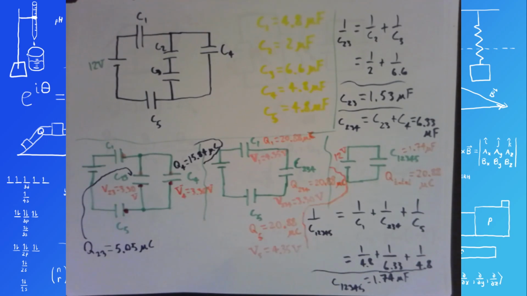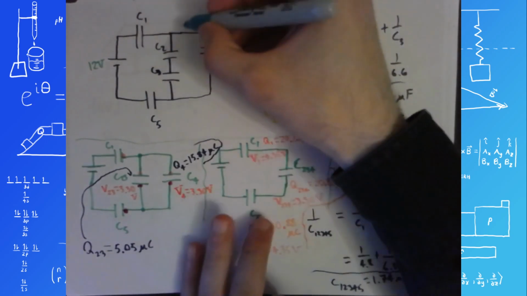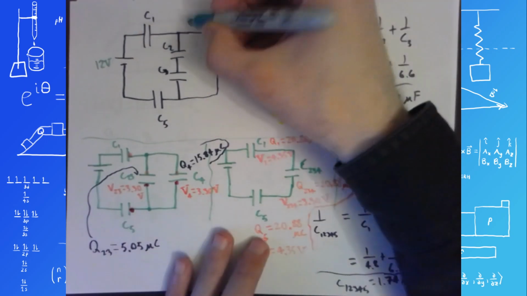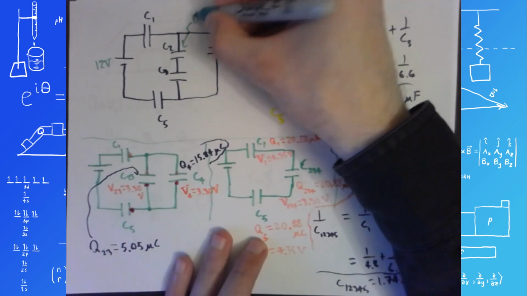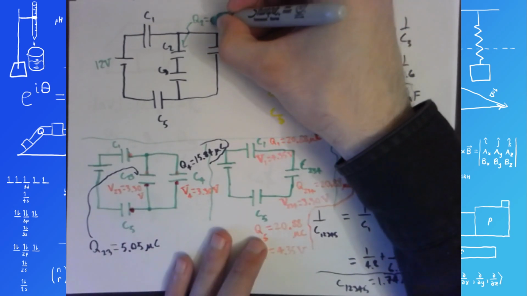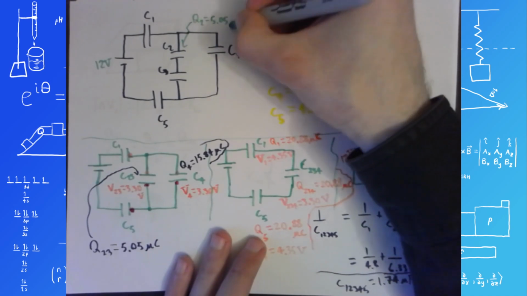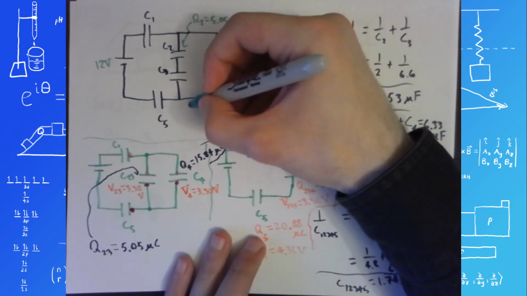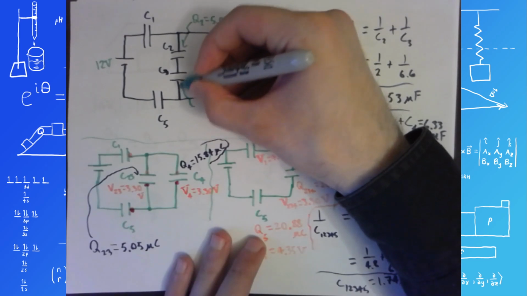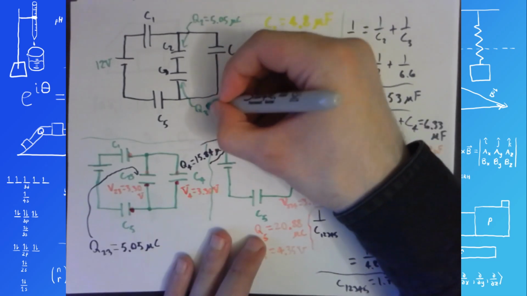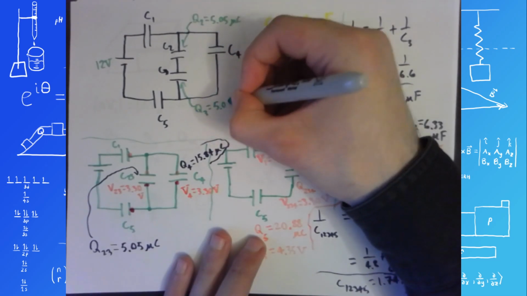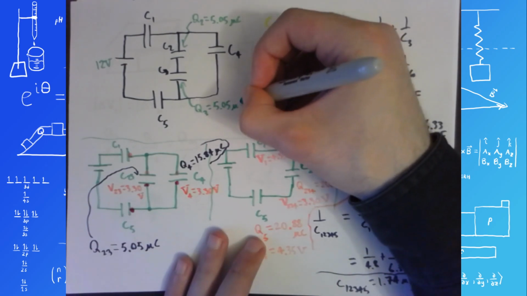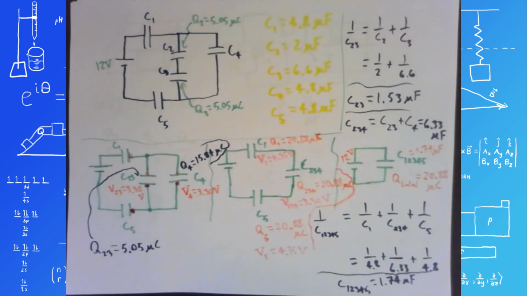So Q2 is 5.05 microcoulombs, and Q3, same deal, must be 5.05 microcoulombs, and now we just need to find V2 and V3.